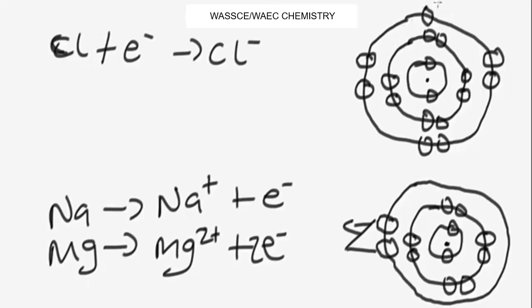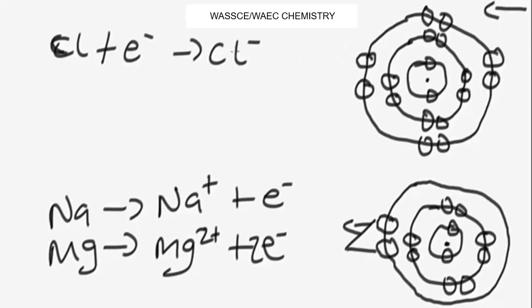So basically what will happen now, since the chlorine atom has 7 electrons in its outer shell, the third shell requires 1 electron to be completely filled. So it will gain 1 electron on the third shell. So when it gains 1 electron, it will form a chloride ion with the same electronic structure as argon, because argon has atomic number 18, and argon is a noble gas.